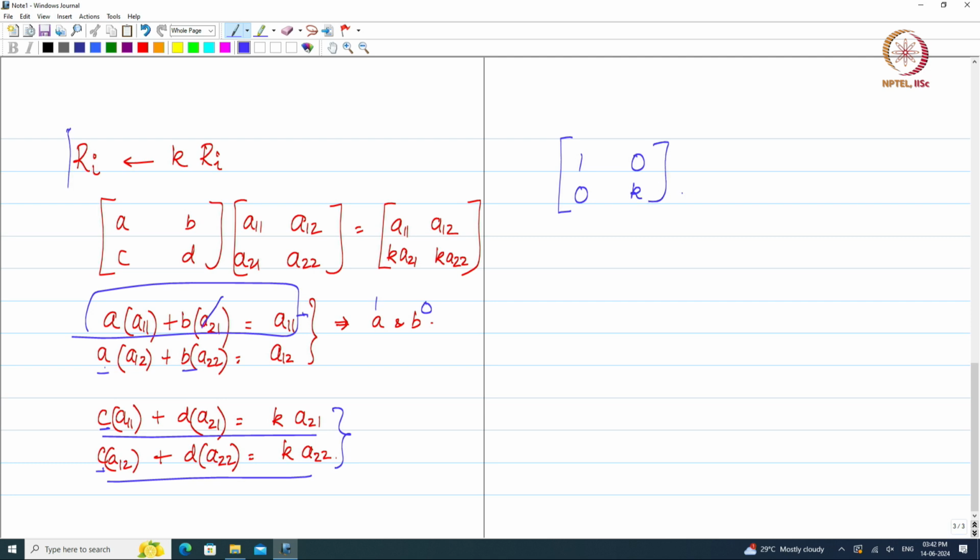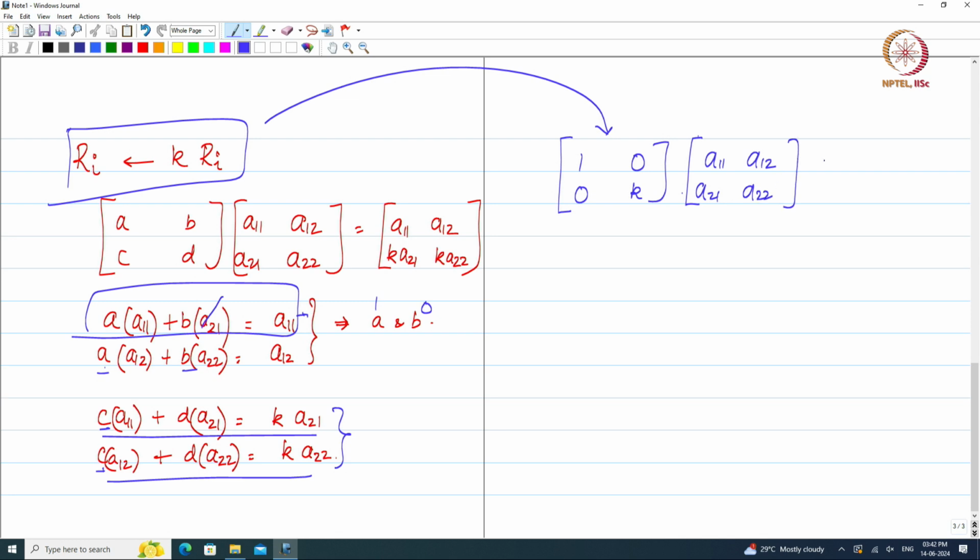If you pre-multiply our coefficient matrix, A11, A12, A21, A22, you get A11, A12, K times A21, K times A22. That is the matrix which is going to help you scale a particular row in a given matrix.